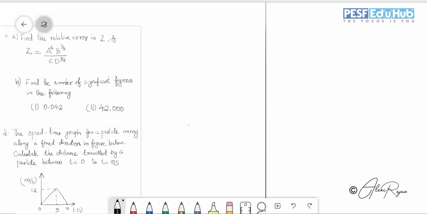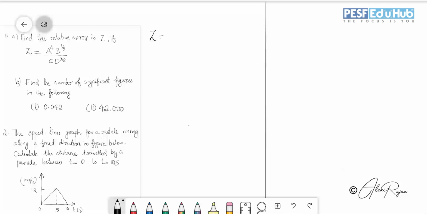Now here your task is to find out the relative error in Z. You can expect many questions from here, like absolute error, relative error, mean absolute error. As this is a question session, I am not getting into details about the other things. We are just directly moving on to the relative error. How do we find the relative error of Z in this particular question?